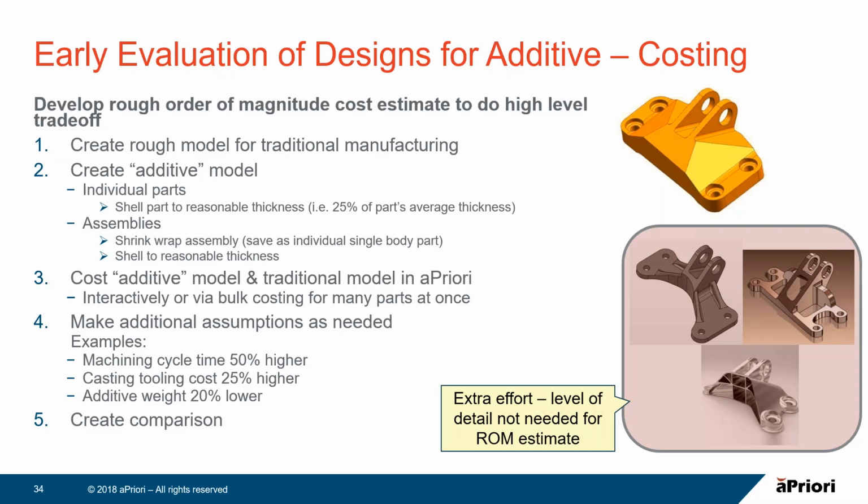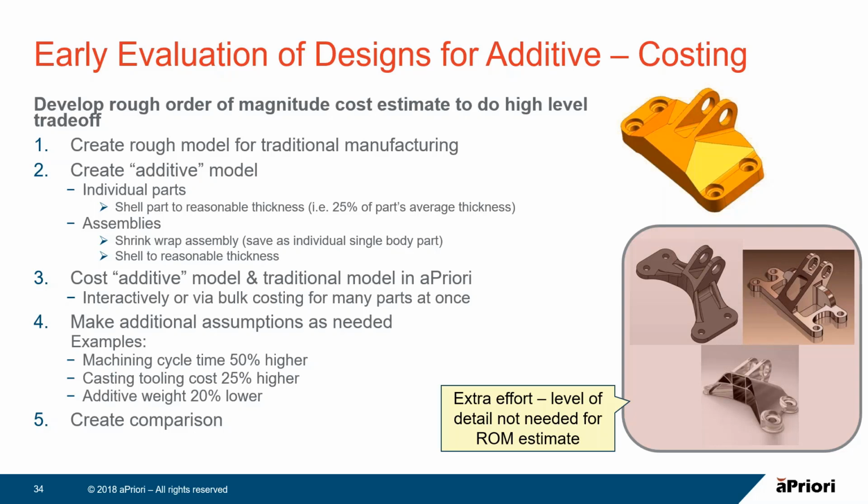And then the next steps are pretty straightforward. So you'd cost the pseudo-additive model and traditional model in aPriori, and that can be done either interactively, as David was showing in his demo, or it can be done via bulk costing if you have a whole batch of parts that you want to look at once. And then on top of that, because we're dealing with simplified models, you want to make some additional assumptions to sort of fill the gap in terms of where you would expect to get to with your final design.